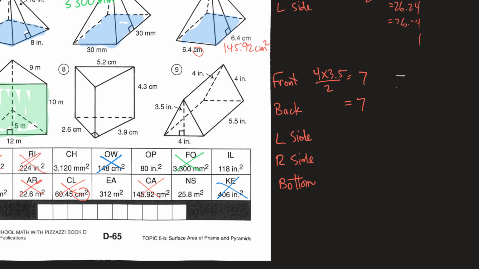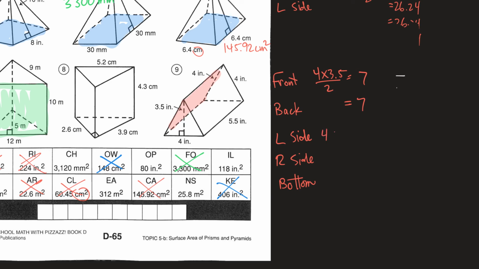Now the left side. For the left side, I'm going to tell you that the left side is this here, right there. What is that? Well, it's a rectangle, and that rectangle has one side of 5.5 and the other side is 4. So 4 times 5.5.